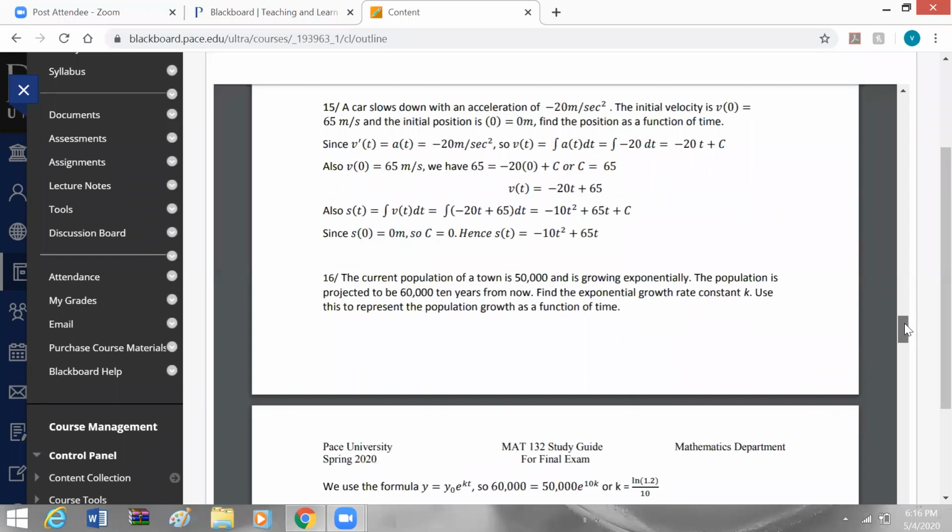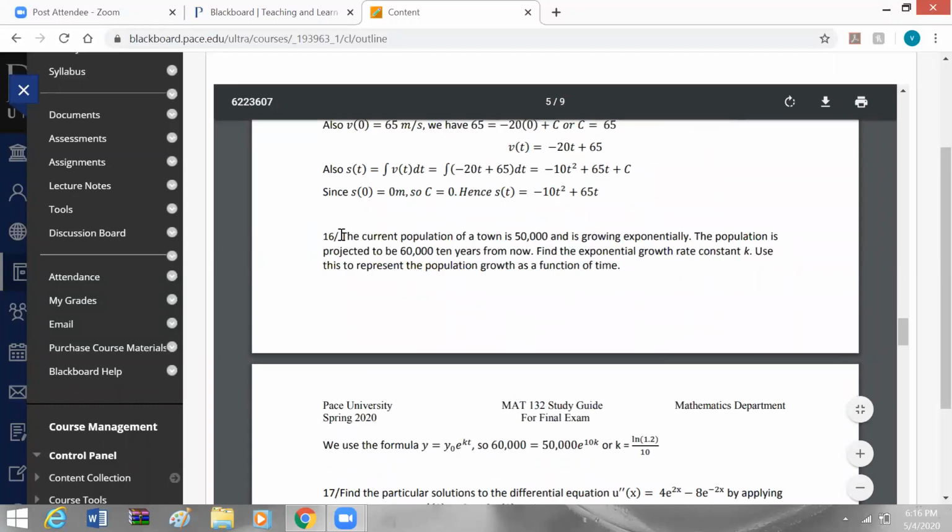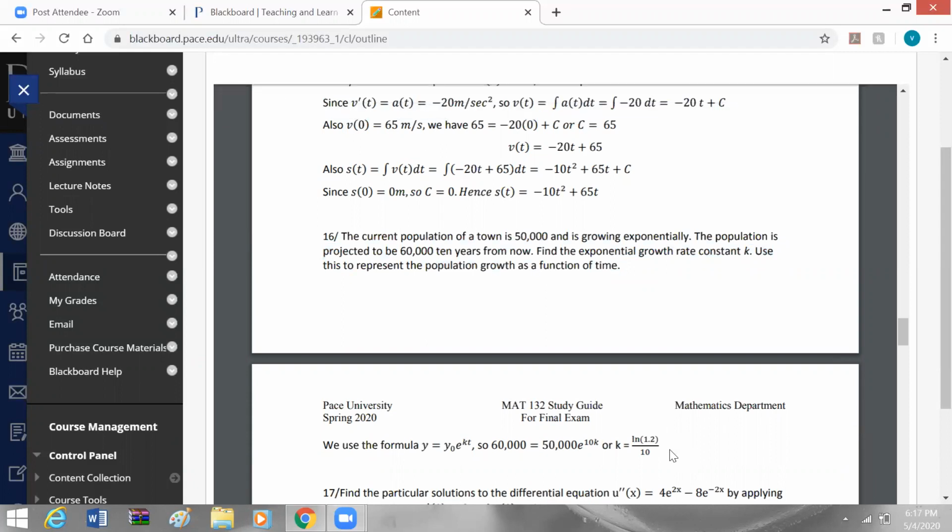And then we also have chapter 7, where we did not spend a lot of time on the exponential function, but we did spend maybe one or two lectures, 1.5 lectures, on that part.